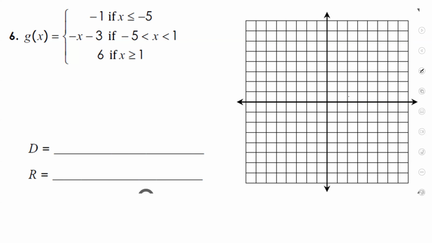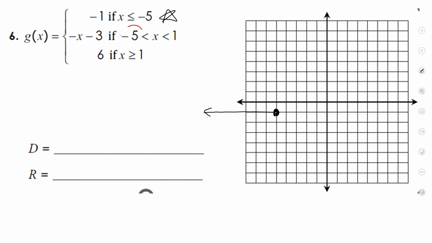Okay, so the line -1 starting at -5. 1, 2, 3, 4, 5, right here. So this is the line that goes through the y value -1, and it has all the x values that are less than or equal to -5. This is the first one. Now let's do the next one. Again, guys, just plug in the number.